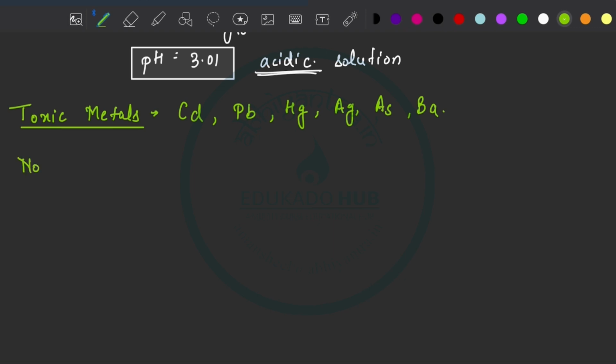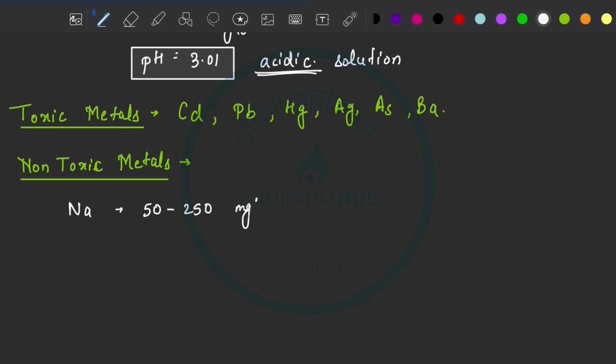And non-toxic, so the non-toxic metals which are present in water are sodium, that is Na, and sodium has permissible values 50 to 250 milligram per liter. And we have copper.